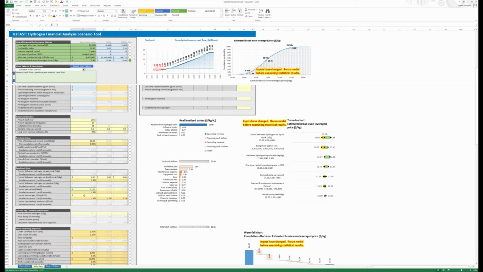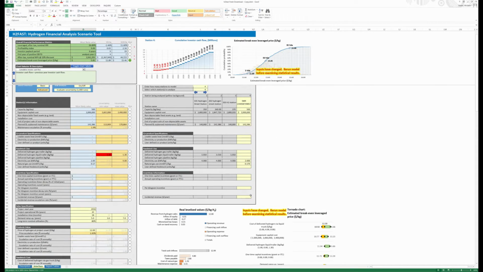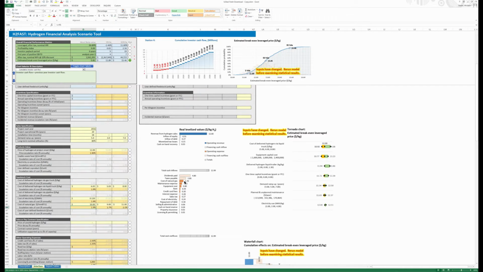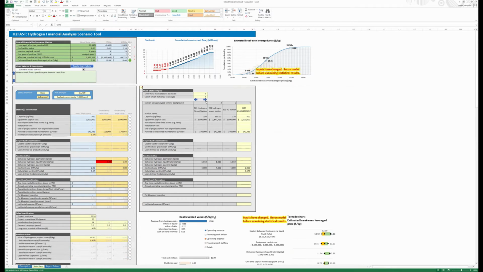Electricity is already entered, but since we're talking about natural gas, we can say that we're purchasing natural gas for $10 or $2, and there you have an analysis for a steam methane reformer, and the breakdown will show you how much you're paying, $1.70 per kilogram for the natural gas, and it will give you the breakdown, etc.